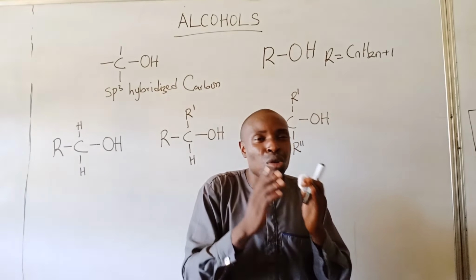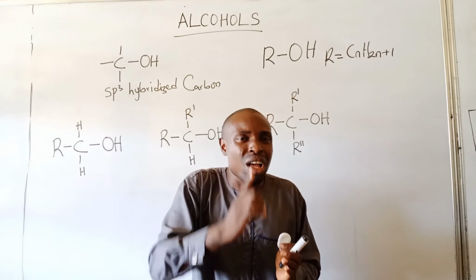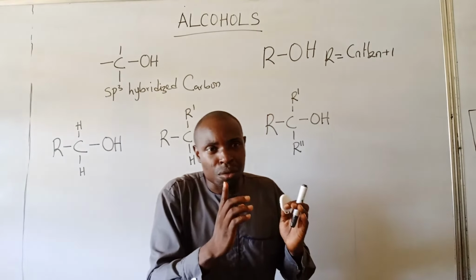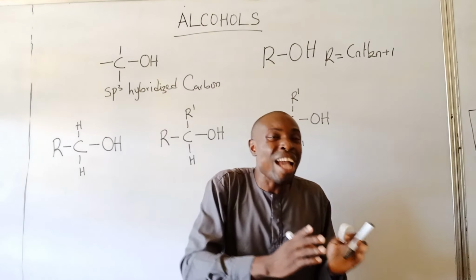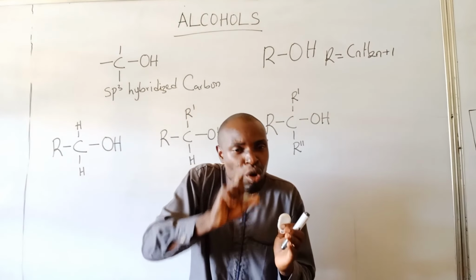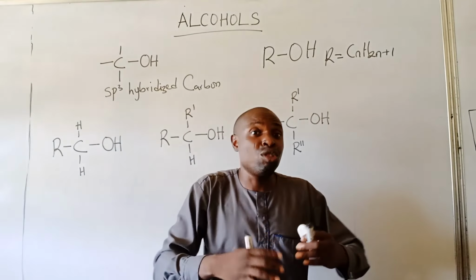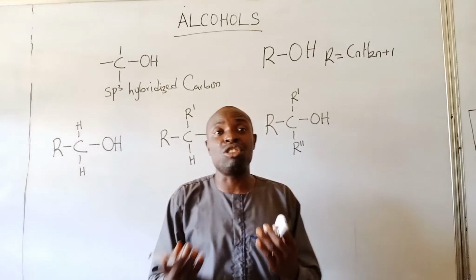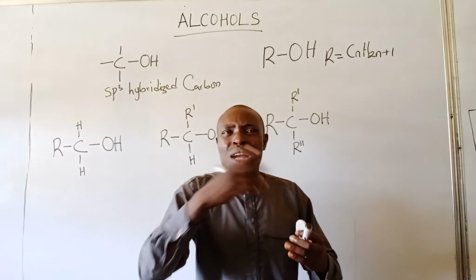Now, when we say monohydric alcohol, it simply means that one hydroxy group is attached to the carbon atom. But in the case of dihydric, from the word di, it means two, so two hydroxy groups are attached to the carbon atoms, and trihydric, three hydroxy groups, as in the case of glycerol, and polyhydroxy groups, as in the case of sugars.